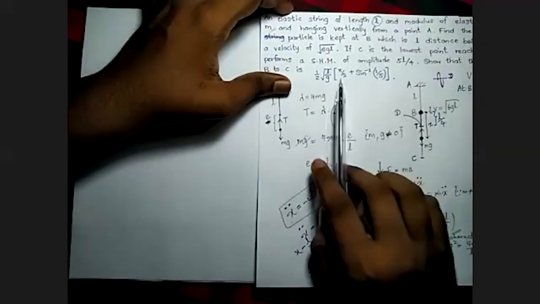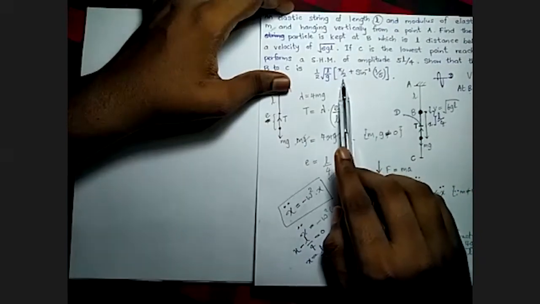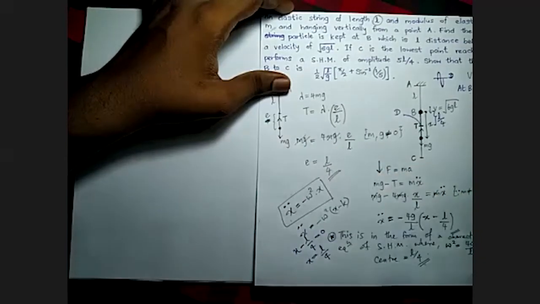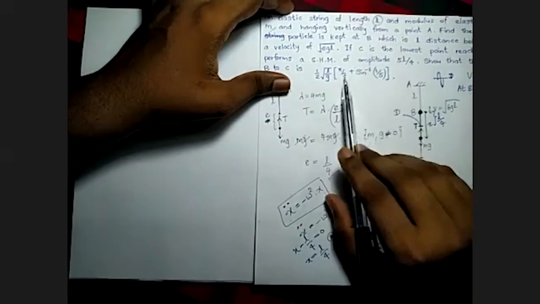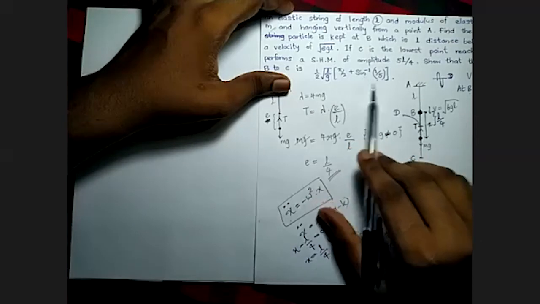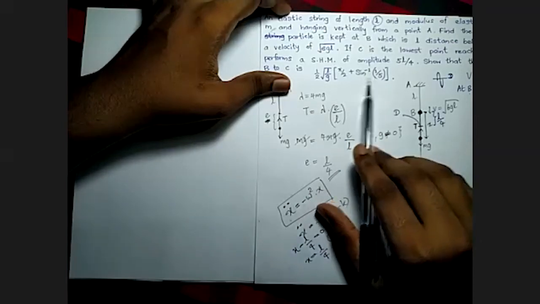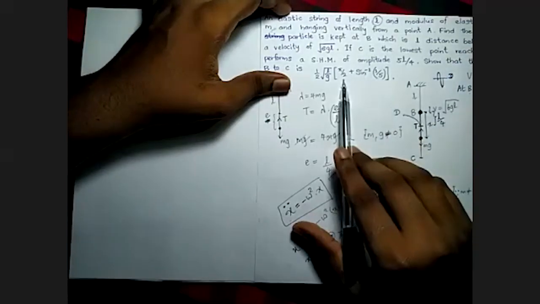That's it. Then take the expression and check what angles are given. This is pi by 2, 90 degrees is given. Here we have 90 plus something, 90 plus sine inverse, so this can be tan inverse, cos inverse, anything.